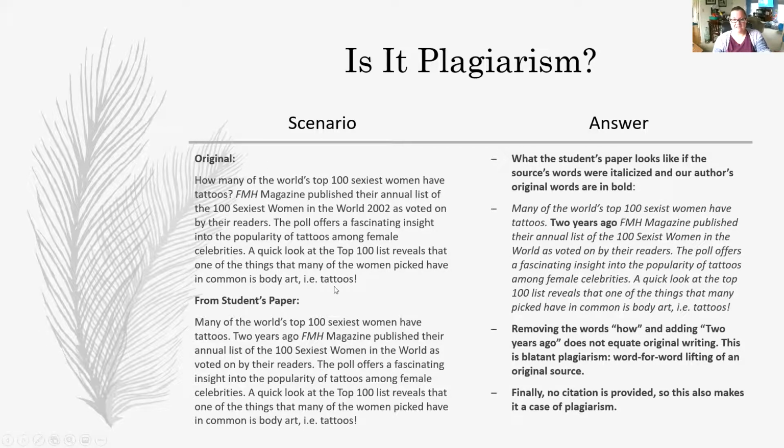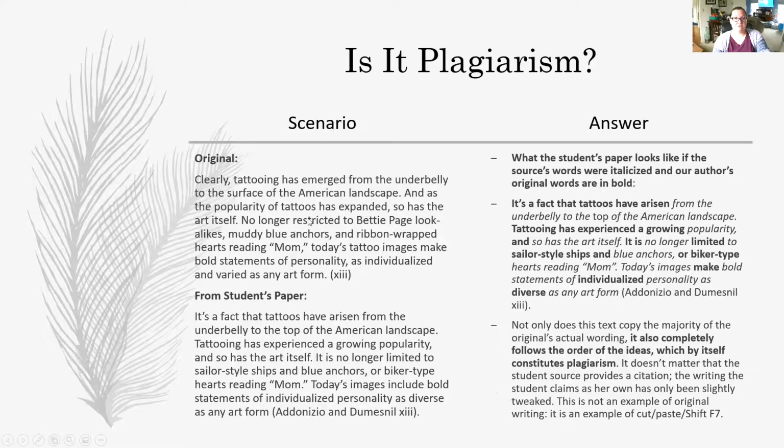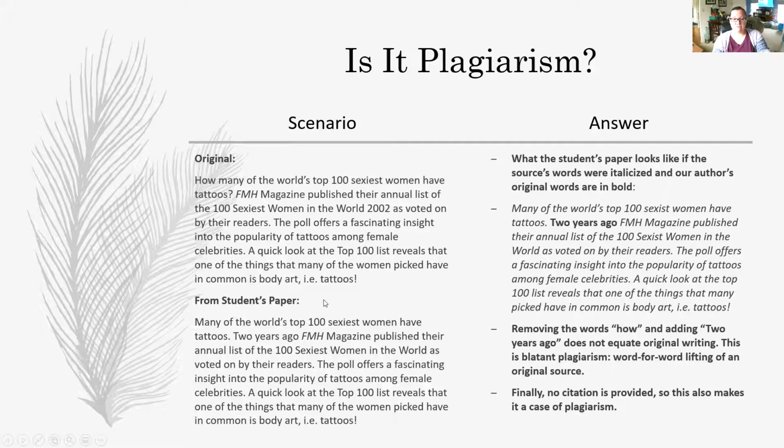So this original passage, we are writing some sort of paper about tattoos, and for whatever reason, this passage right here is useful to the point we're trying to make. So we have decided to use this information in our paper. So you can see the original here, and then see how this information gets incorporated into the student's paper.